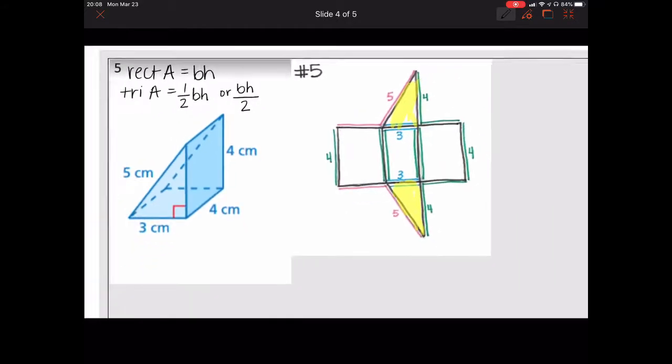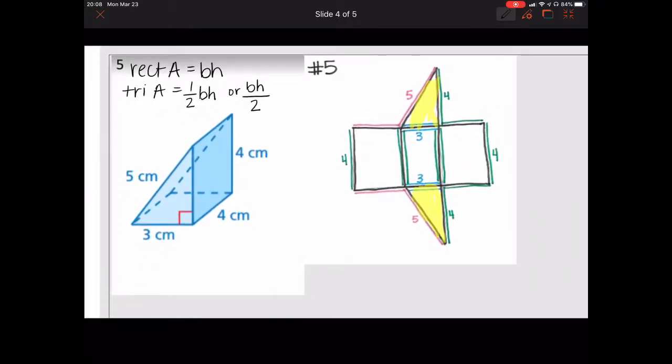We'll do the rectangles first because that's a little bit easier. So we have 4 times 5, which comes out to 20. 3 times 4, which comes out to 12.